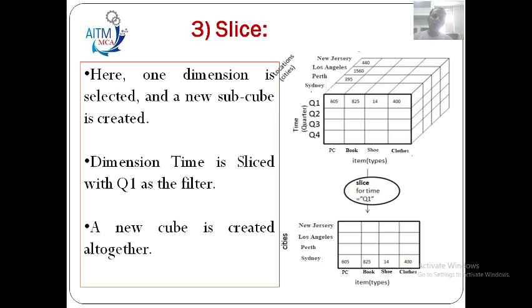See here now, if I select from here to here and this much, this is a red part, it is one cube.